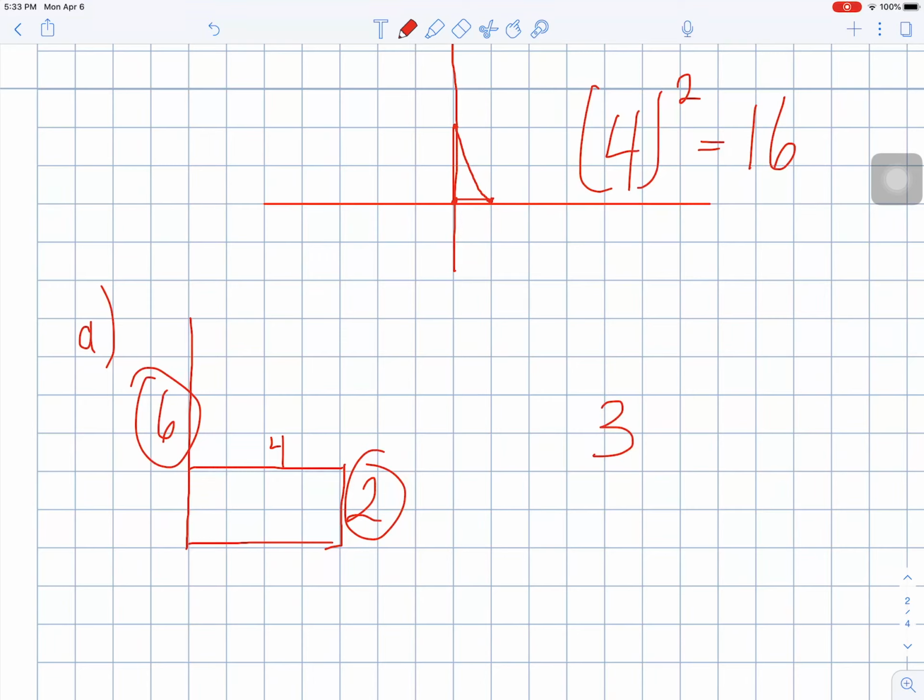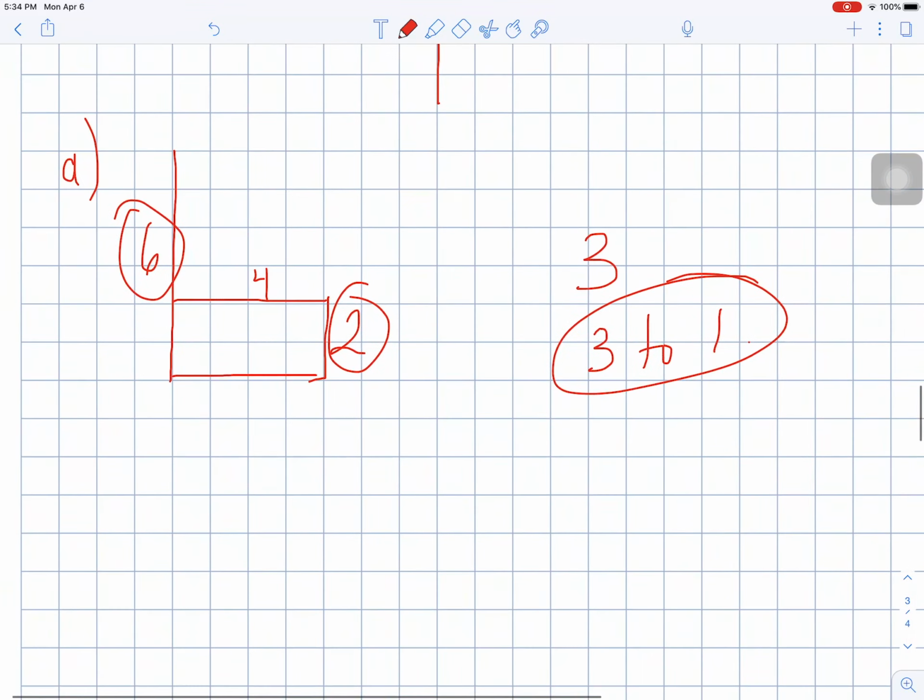So the ratio of perimeter would be 3 to 1, because it's 3 times the size of the original. And then what is the ratio of area? Area is 3 squared to 1, or 9 to 1. So that would give us the 2 answers they're looking for.